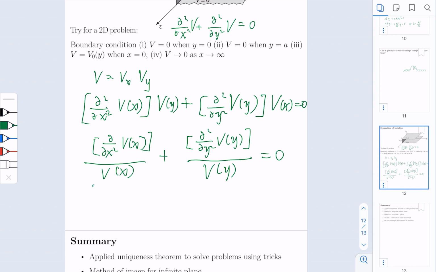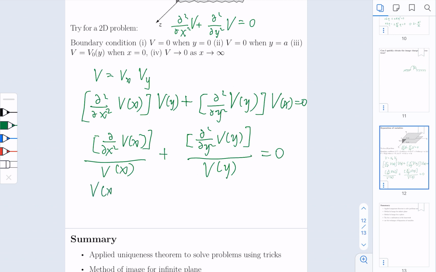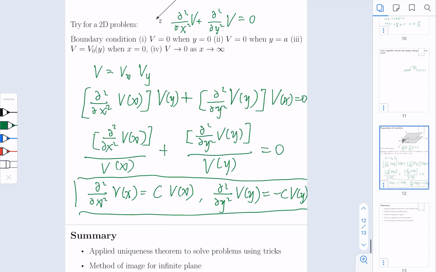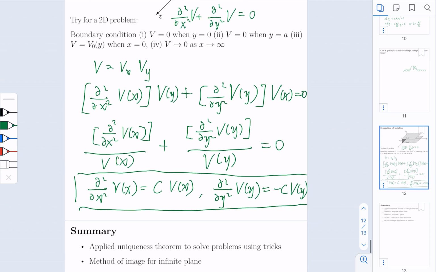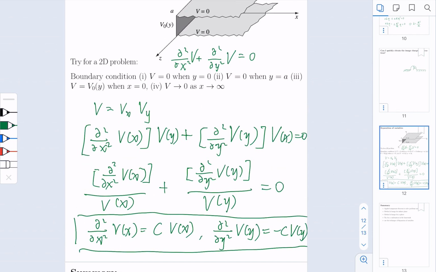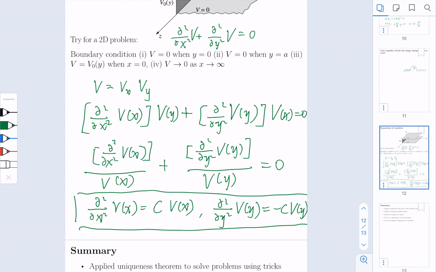Now, if it is really possible to find a constant such that these two expressions are satisfied, then the above expression is satisfied, which means that by writing v as the product of v of x and v of y, we separate this complicated partial differential equation, one single term, into two different expressions.